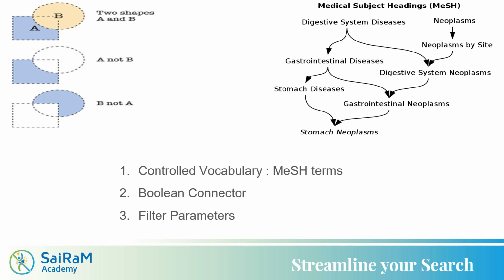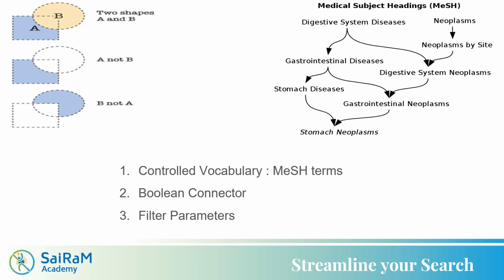So here we'll be narrowing down the searches to get an adequate amount of information which is completely relevant for our research question. Again, we have three different types of search methods, that is controlled vocabulary, Boolean connector, filter parameters.